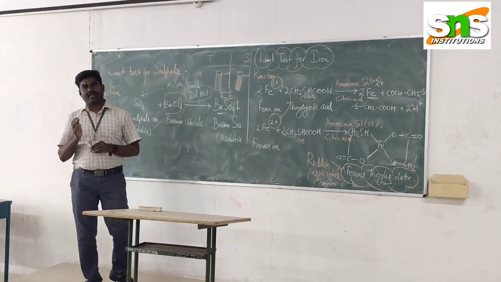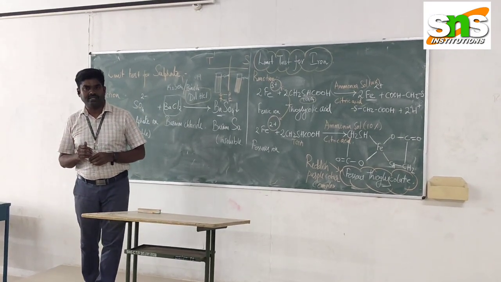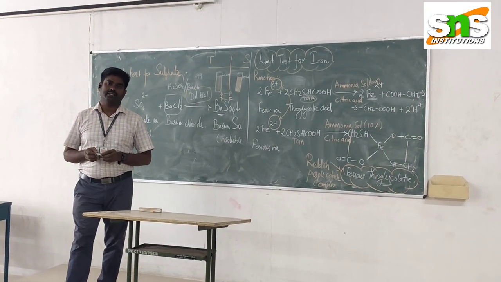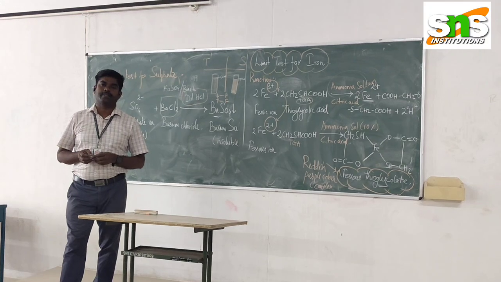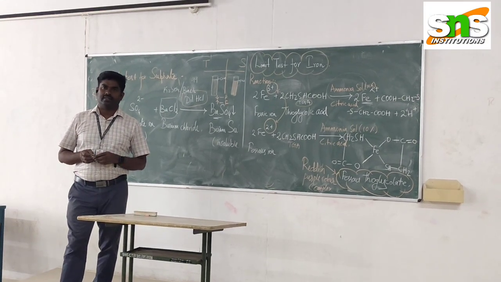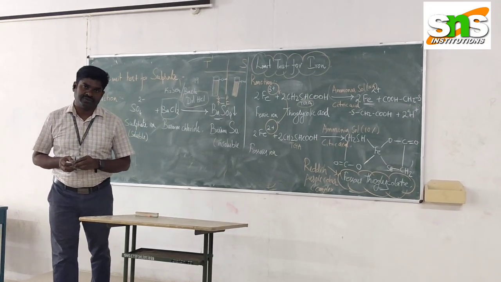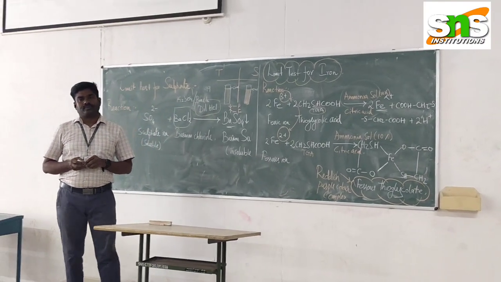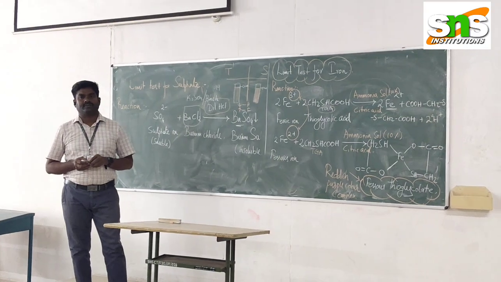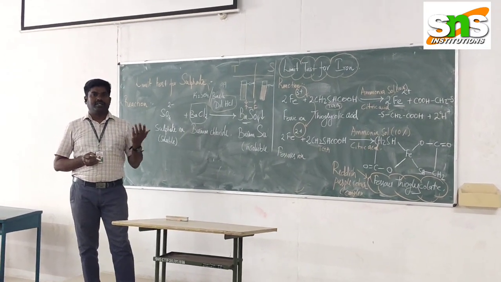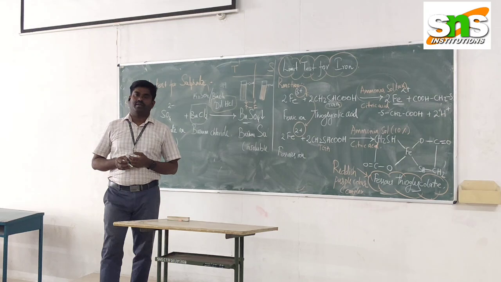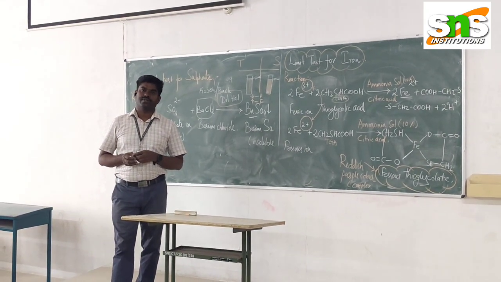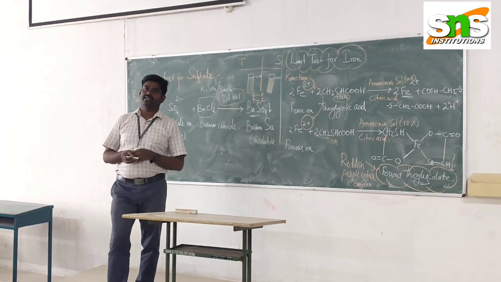Or we can determine the level of impurities in API, active pharmaceutical ingredient, and finished formulations, and other compositions of any bulk formulations also. In this limit test, we perform limit test for iron, limit test for chlorine, limit test for sulfate, and limit test for arsenic.